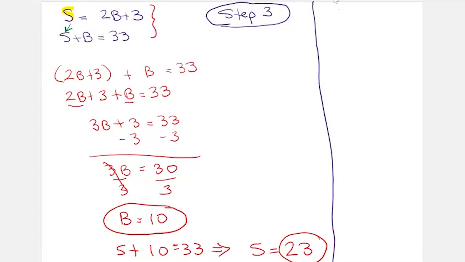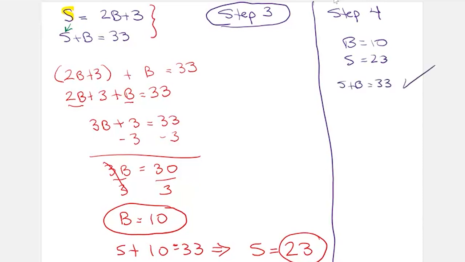Now, step 4, let me write it on the same screen. Step 4, let's see if the solution makes sense, okay? So we have Bradshaw equals 10 and Staubach equals 23. We know when we add them both up, we get 33, so that works. So S plus B equals 33.